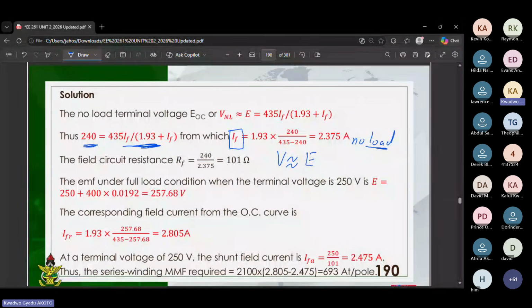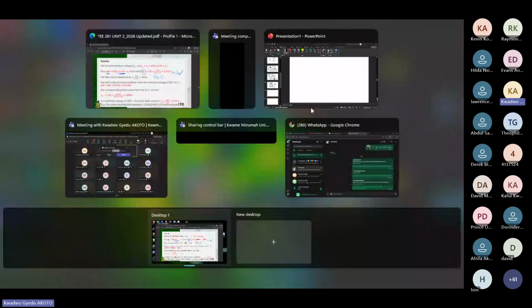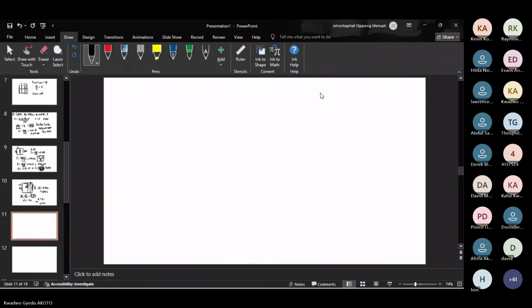Let me try and draw so that you can understand me properly. For no load, we know that V no load is approximately equal to E, right?